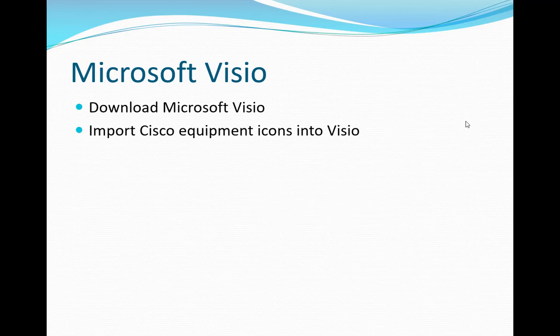So now I want to take a quick look at Microsoft Visio, downloading Visio, as well as importing Cisco equipment icons into Visio. And in order to do that, we are going to go into our Canvas site, and take a look at some of the links that I've set you up for there.